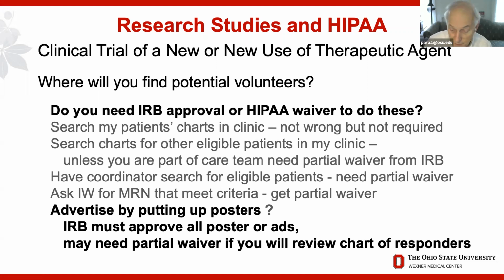But if somebody reads that and calls you up, are you allowed to look in the chart? And the answer is no, not unless the IRB also granted you, and you have to ask for it, a partial waiver so you can look at the chart of people who responded to the ad. All right.